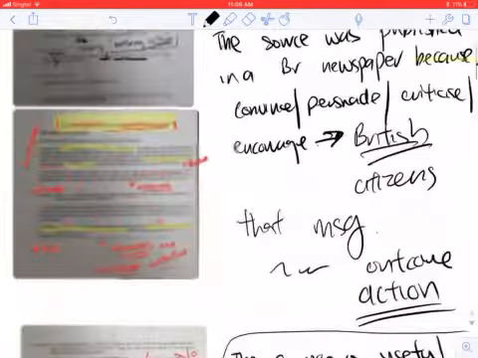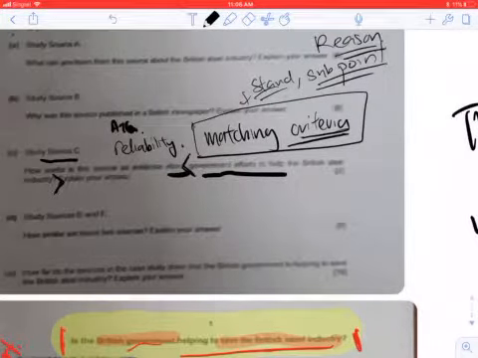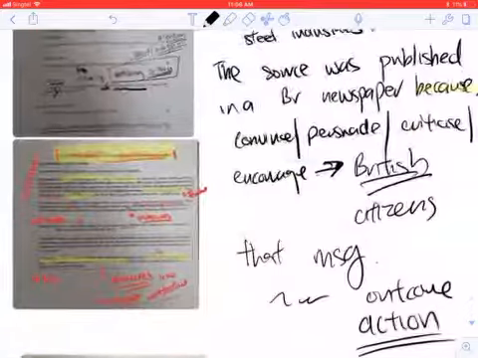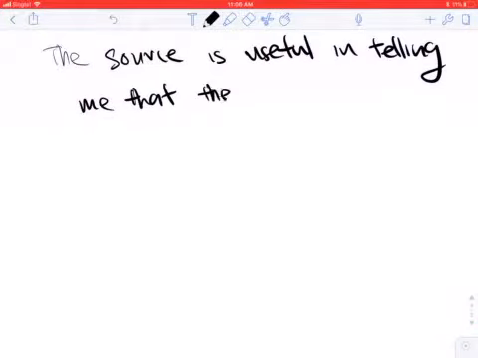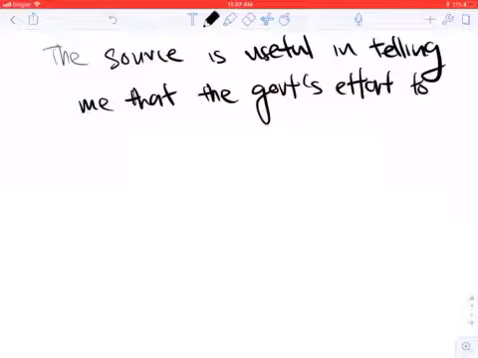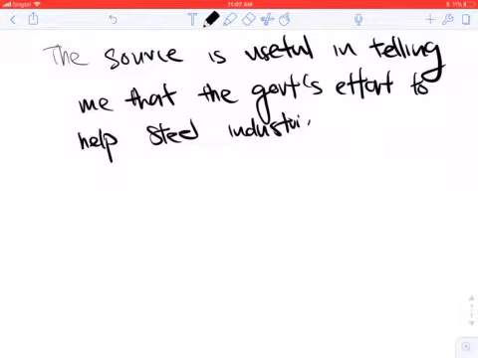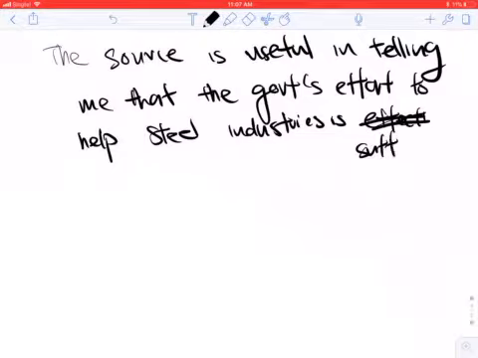Refer to the question again: the government's effort to help the British steel industry. So the government's effort to help the steel industry is effective, right? Oh, not effective, sorry, sufficient.